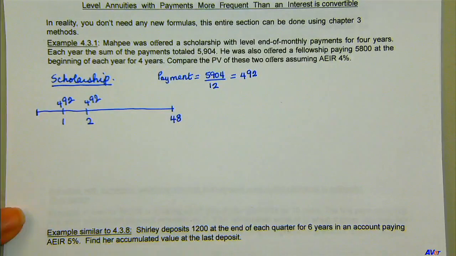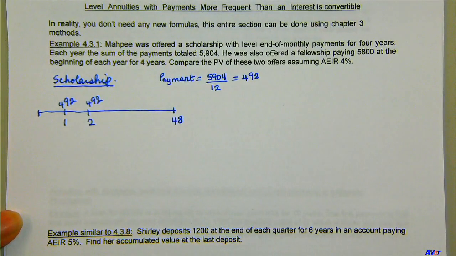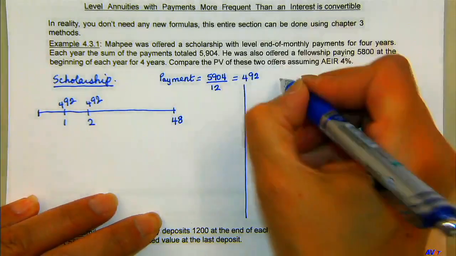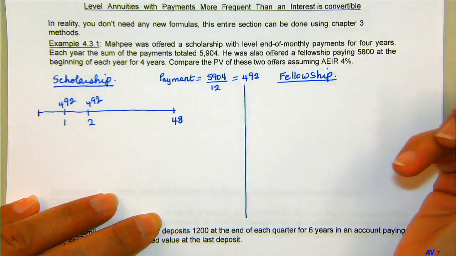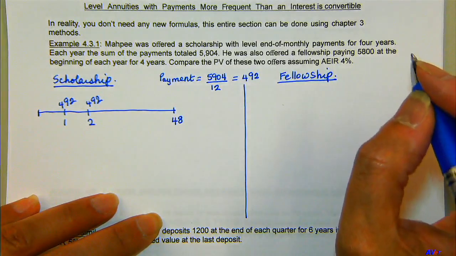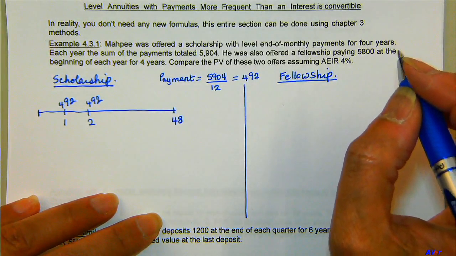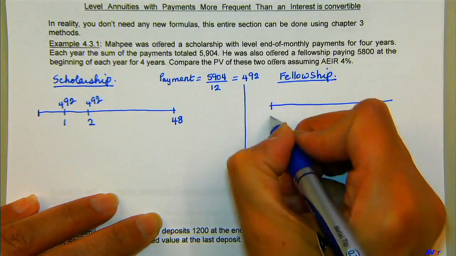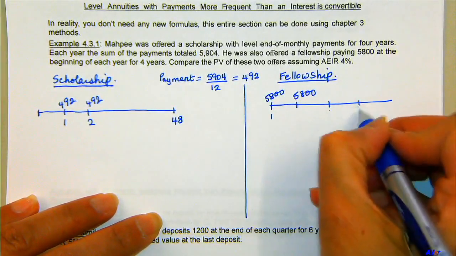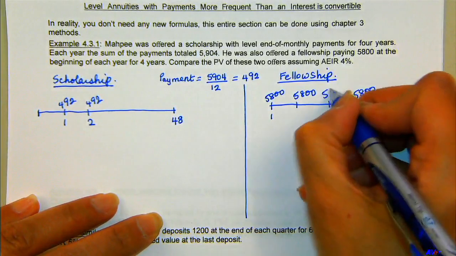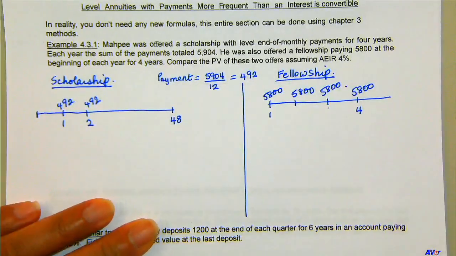Then what? He was also offered a fellowship paying 5,800 at the beginning of each year for 4 years. Okay, so I have a scholarship and I have a fellowship. Timeline: 5,800, 5,800, and so on, at the beginning of each year. What do they want to know?